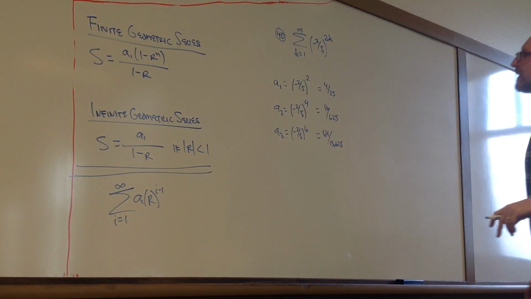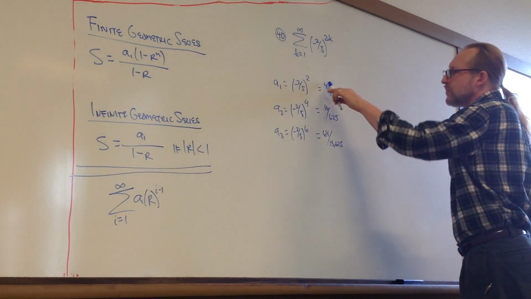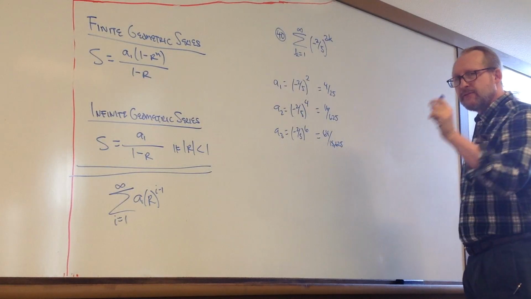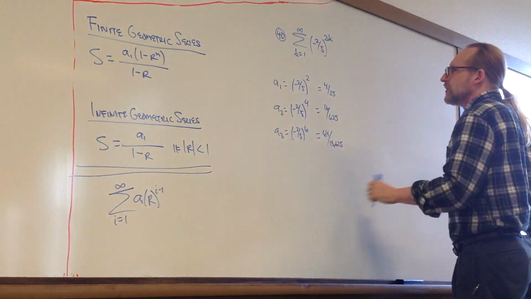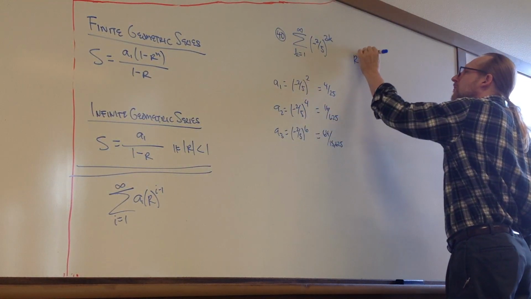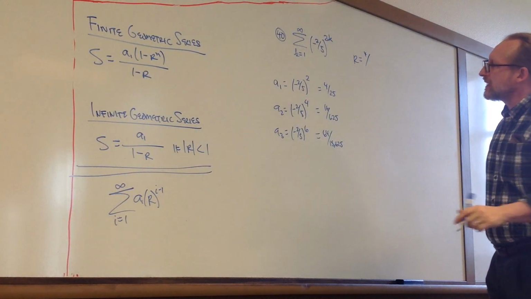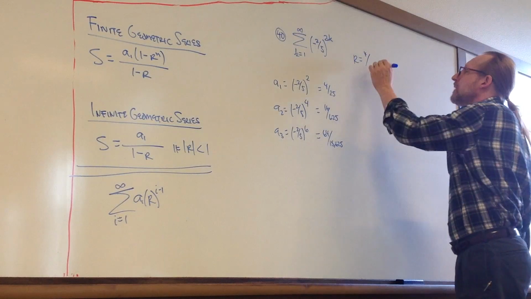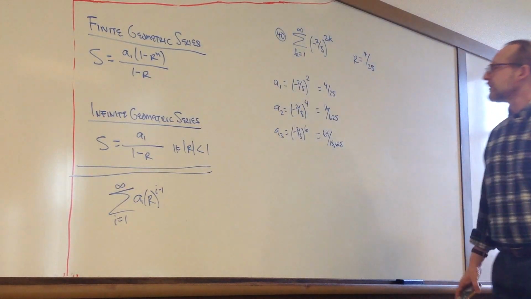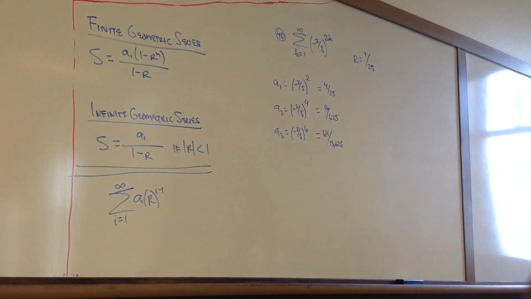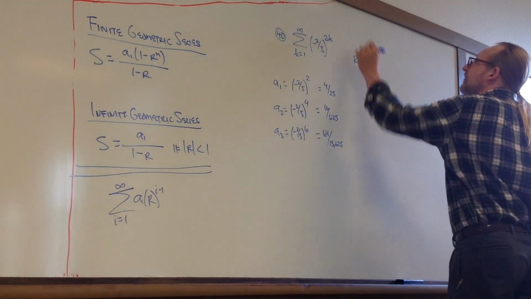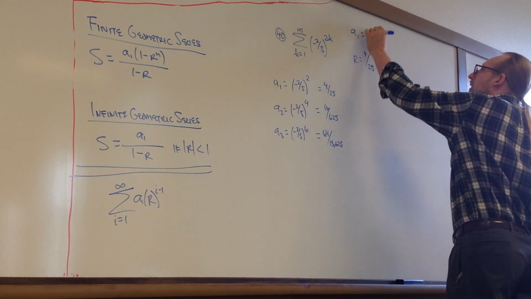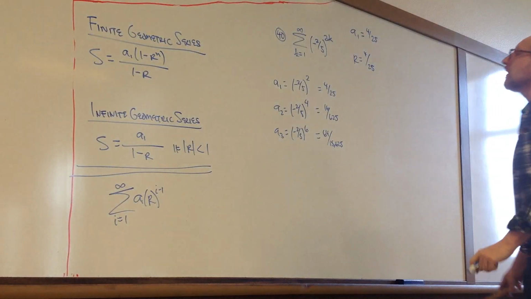All right. So what's happening here, if you look in the numerator, we're multiplying by 4 every time rather than 2. And in the denominator, you can divide these if you don't see it right away, we're multiplying by 25 each time. Okay? So 4 over 25 is both A1 and r.